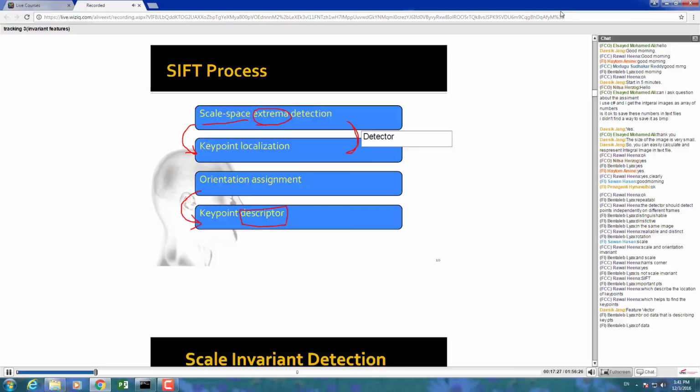So descriptor is kind of describing the key point, right? When you say describing, it is a very general term, not exact, not specific. It means how can we describe the key point?